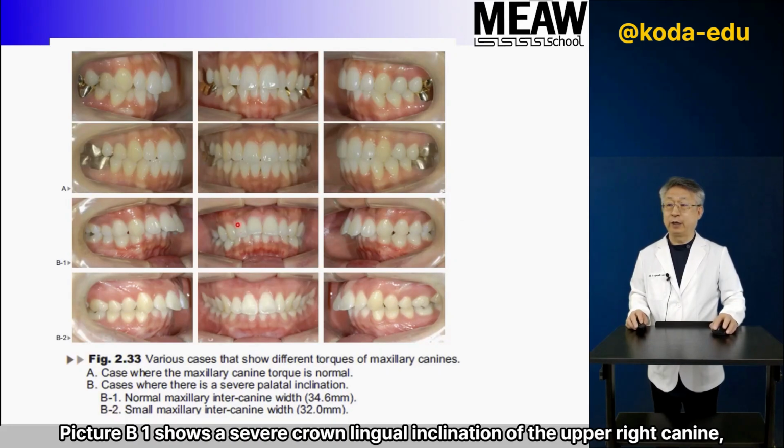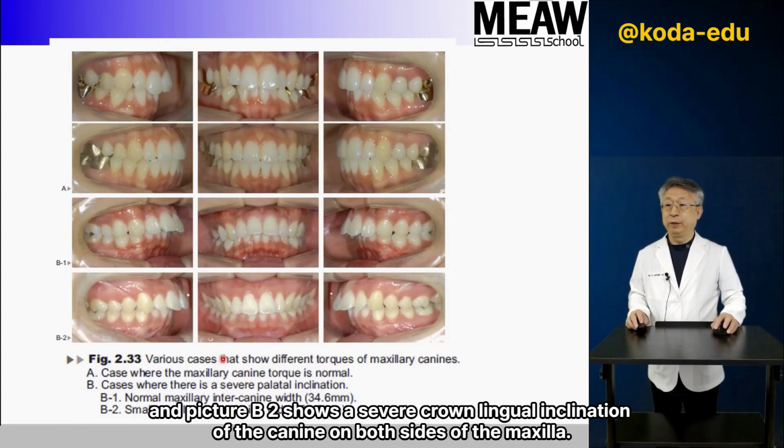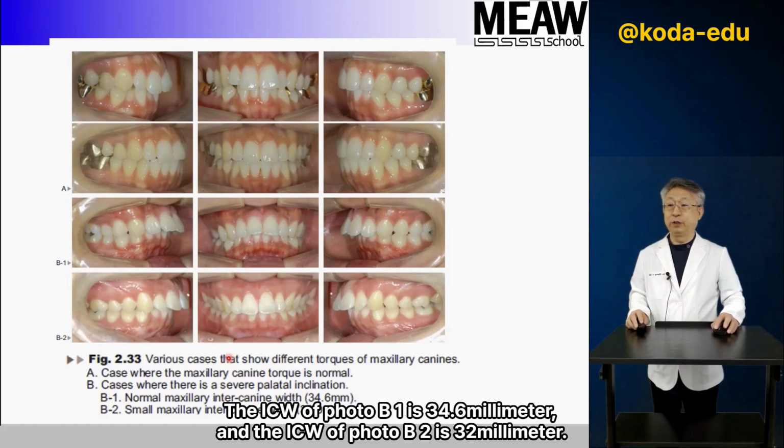Picture B1 shows a severe crown lingual inclination of the upper right canine, and picture B2 shows a severe crown lingual inclination of the canine on both sides of the maxilla. The ICW of photo B1 is 34.6 mm, and the ICW of photo B2 is 32 mm.